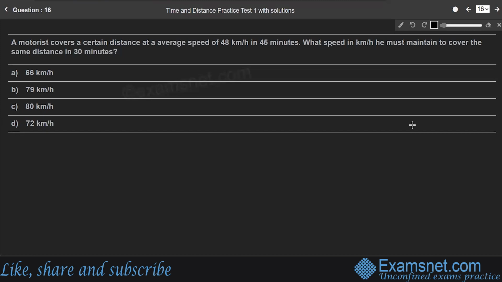Question 16. A motorist covers a certain distance at an average speed of 48 km per hour in 45 minutes. What speed in kilometer per hour must he maintain to cover the same distance in 30 minutes? So here, if you consider D as the distance covered by the motorist, right? His speed is 48 km per hour and he takes 45 minutes to cover that distance D, right?